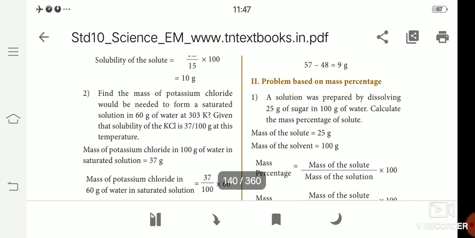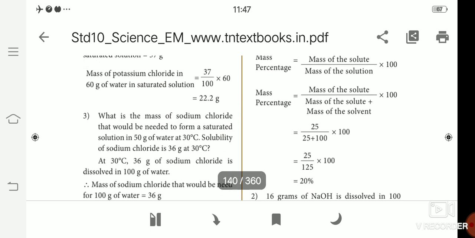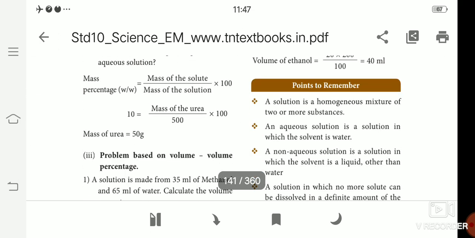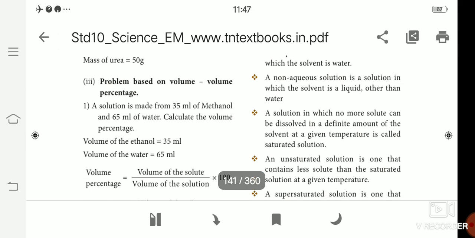Then the next one, volume percentage. One example: a solution is made from 35 ml of methanol and 65 ml of water. Calculate the volume percentage. The given values: volume of the methanol is 35 ml and volume of the water is 65 ml.